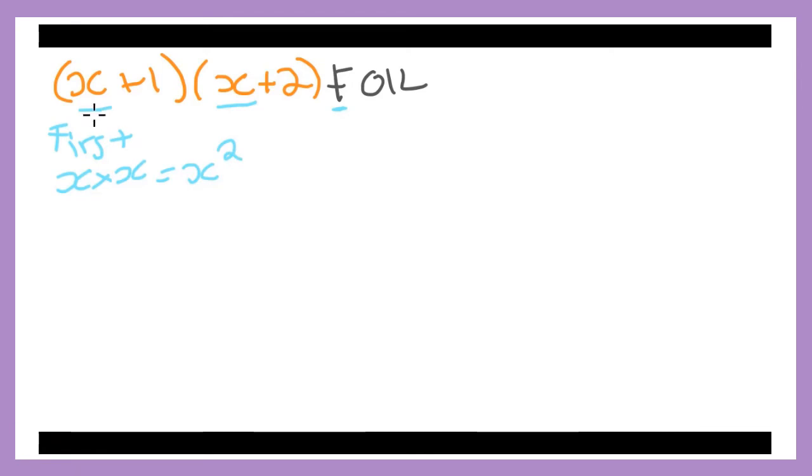So I multiplied the 2 first terms. This O stands for the outer terms. So that means outer are these 2 terms, on the far left and the far right. So I'm going to write outer here. And I'm going to multiply those two terms.